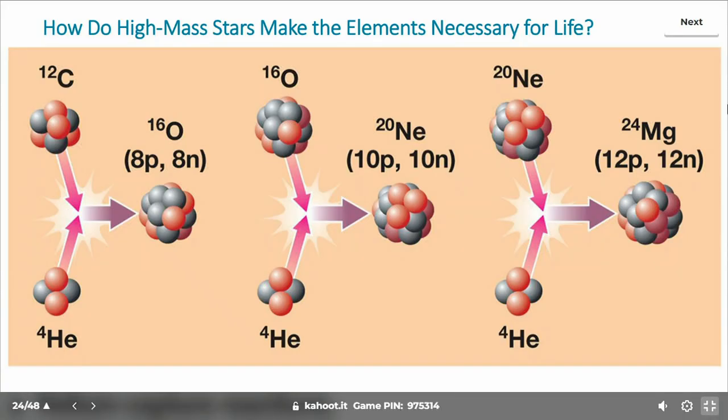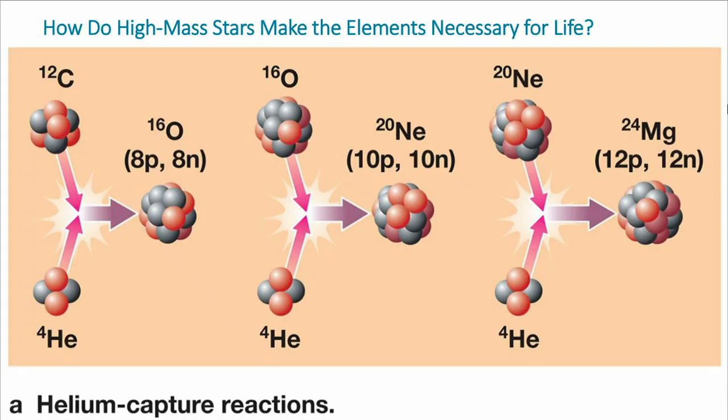But then, because the high mass stars have much higher temperatures, there's a lot of extra stuff that they can start to do. So we'll start to see things like helium, carbon, oxygen, and neon fusing to make even heavier elements. So we can start making oxygen, neon, magnesium.